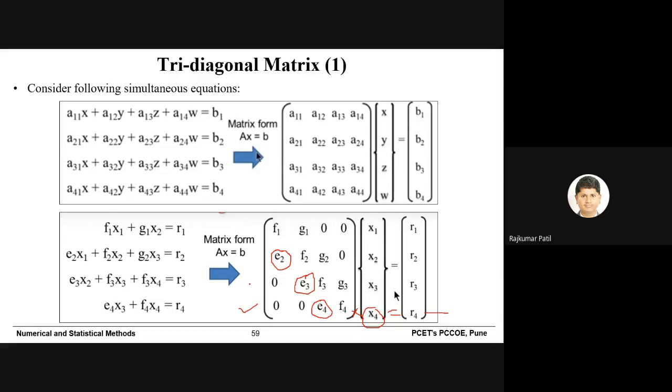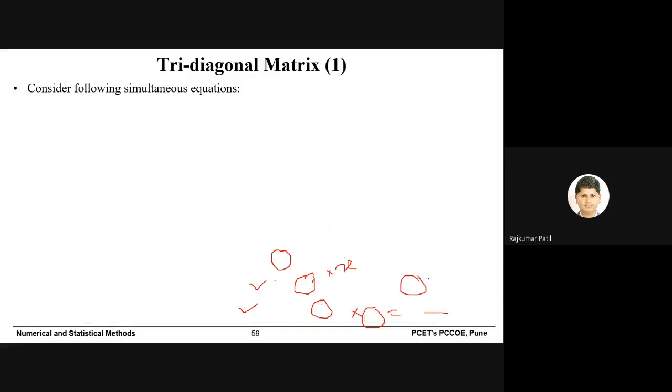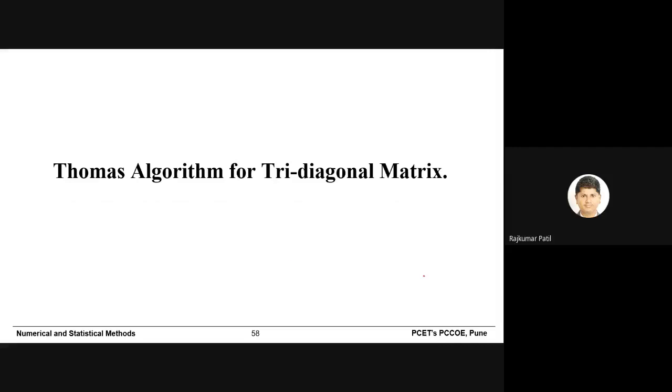Then again, by using the third row, 0 into x1 is 0, 0 into x2 is 0, then f3 into x3 plus g3 into x4 equals r3. So this is how we write the equations.